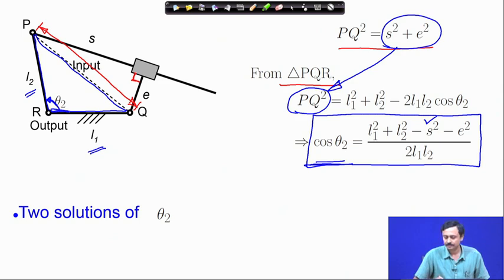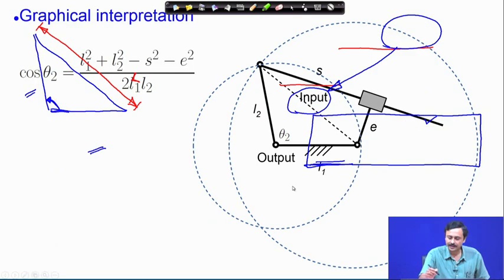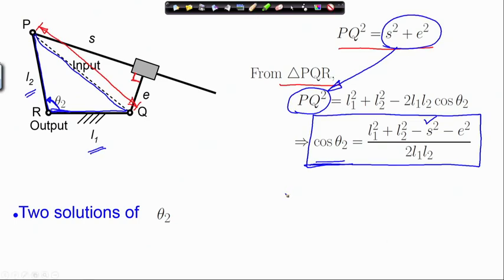If I have theta 2 1 as a solution, then minus theta 2 1 is also a solution. Suppose it is theta star, then theta 2 2 is minus theta star, both will give the same cosine values.